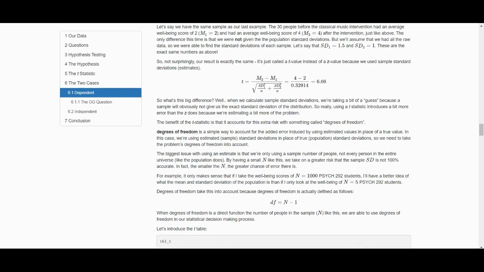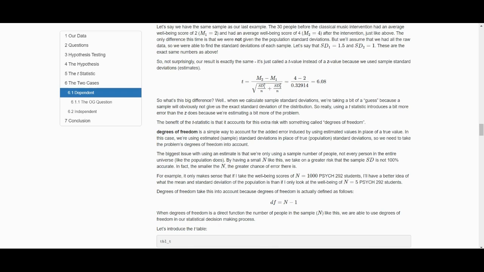So let's say we have the exact same sample as our last example. The 30 people before the classical music intervention had an average well-being score of 2 and an average well-being score of 4 after the intervention. The only difference this time is that we're not given the population standard deviations. That's the only difference, and this is the only reason why we use a t-test.